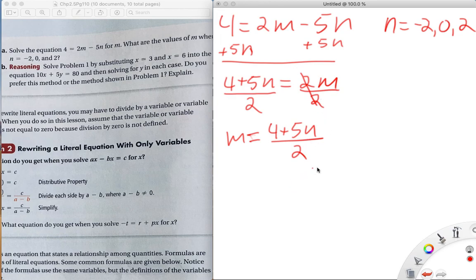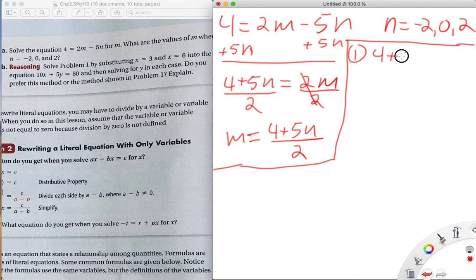Alright, so the first scenario is that n equals negative 2. So we're going to substitute. I'm going to put in negative 2 for n and then find out what we're dealing with.